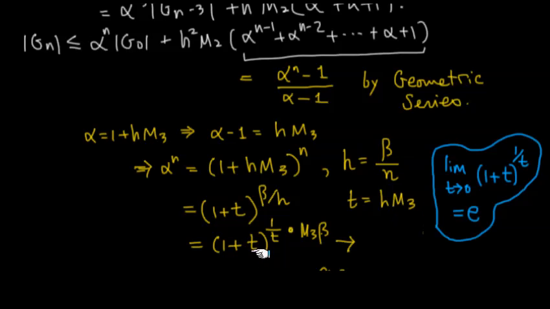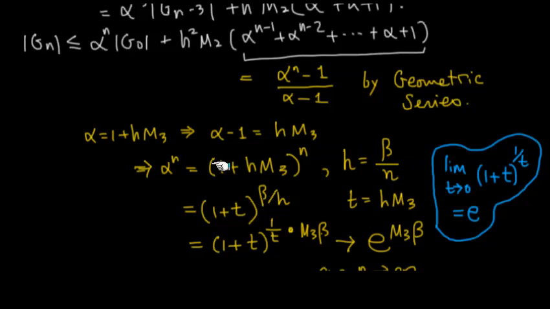So here it is, and 1 over h is m3 divided by t. And beta is out there, and 1 over h is replaced by m3 divided by t. So if you group it like this, we pull out 1 plus t raised to 1 over t, that part in here. So as h approaches 0 or n approaches infinity, we know what happened to this quantity. Namely, it approaches e to the m3 beta.